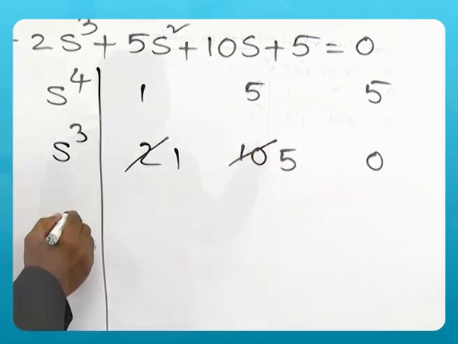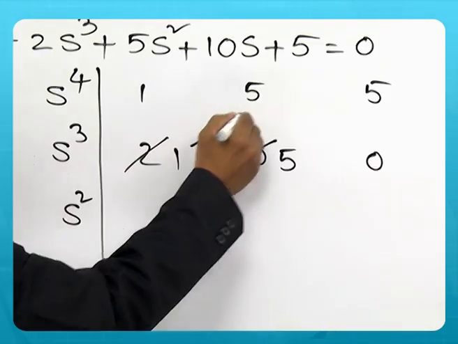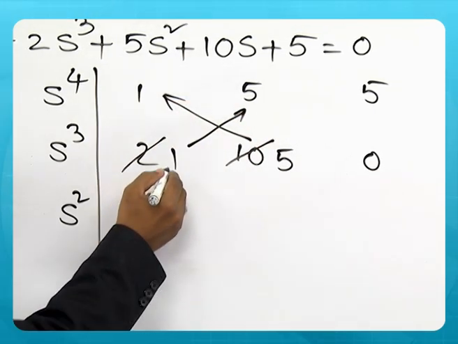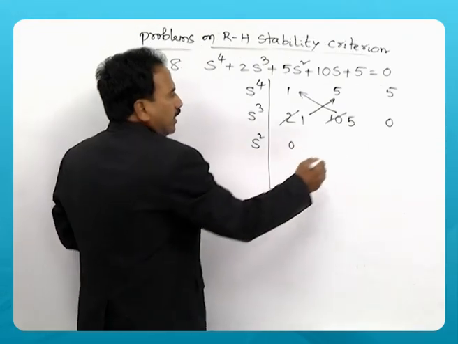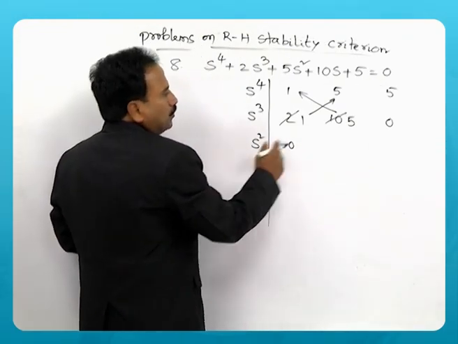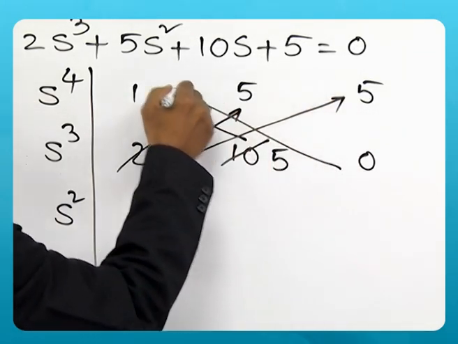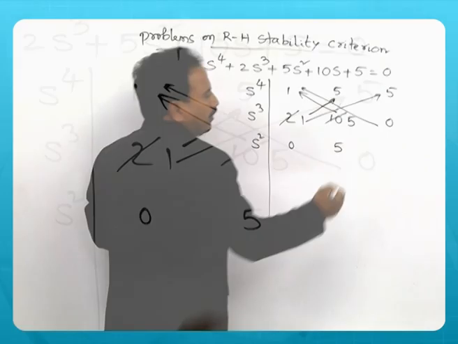Now for the s power 2 row we need to obtain the product of this 5 minus 5, 0 by 1, so it is 0. The second component of the s power 2 row is 5 minus 0 into 1, 0 by 1, you get 5.